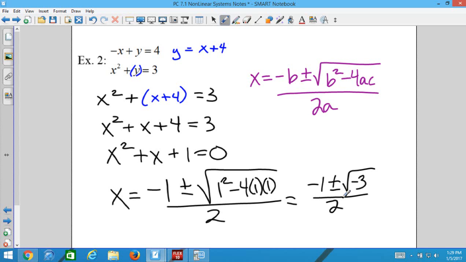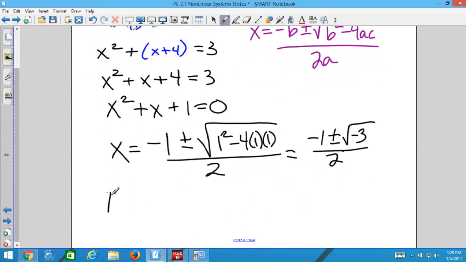Yeah, so we're done. No real solution. We need to specify. No, I don't know, that's the way it was written when I saw it. I mean, no solution is a solution. If we're trying to find where the two graphs overlap, there's no solution. Okay.